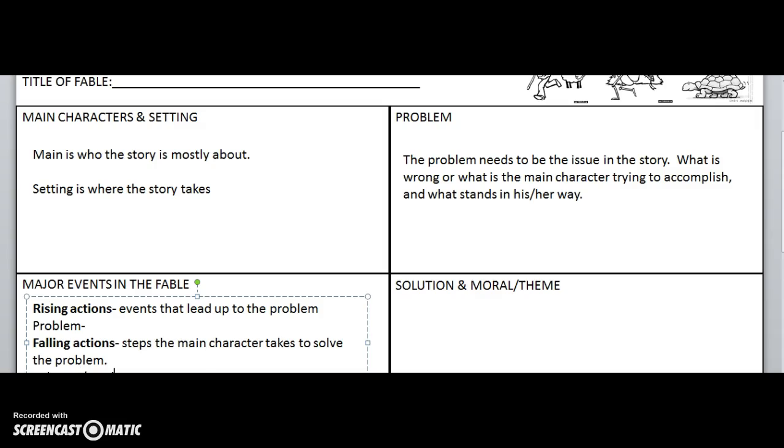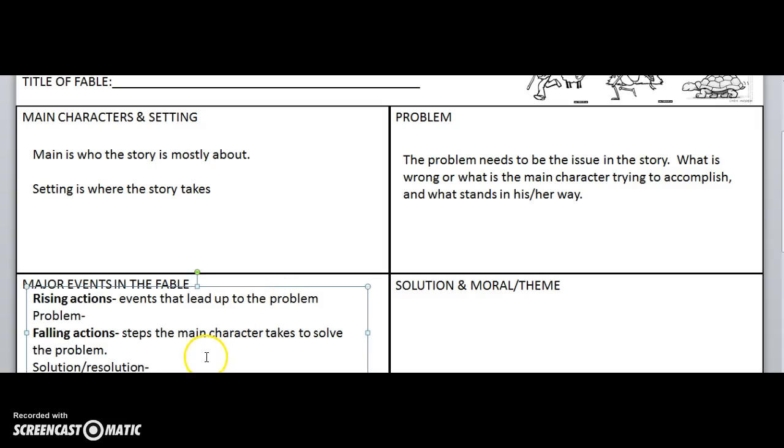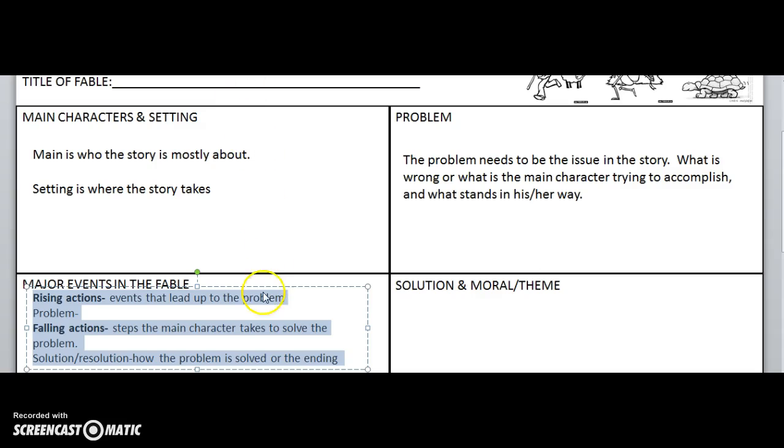or resolution, which we said earlier is basically how the problem is solved, or the ending of the story. Now, looking at this, once you write the information under this square, you'll notice you basically have the summary of your fable or your myth, okay?